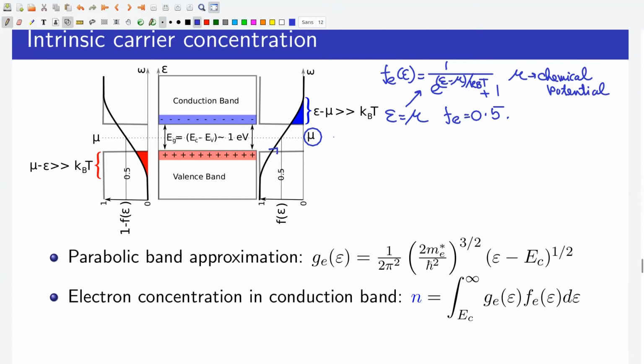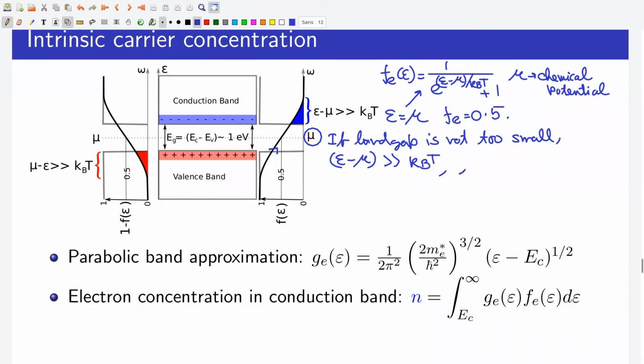Note that if the band gap is not too small, then E minus mu is much larger than kBT. In this case, the exponential term is very large compared to 1.